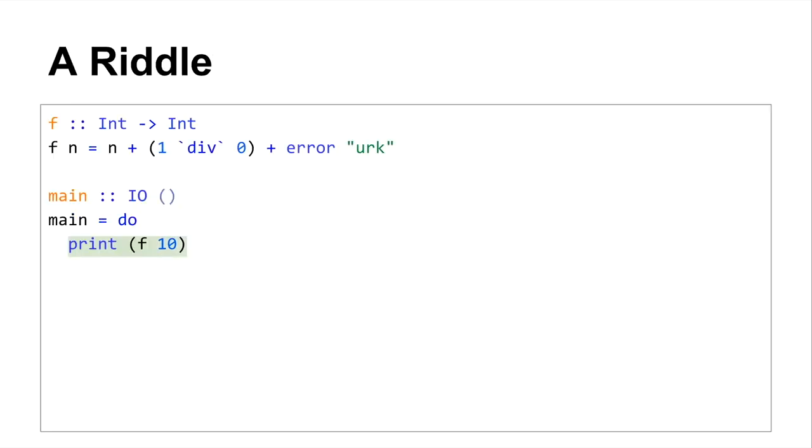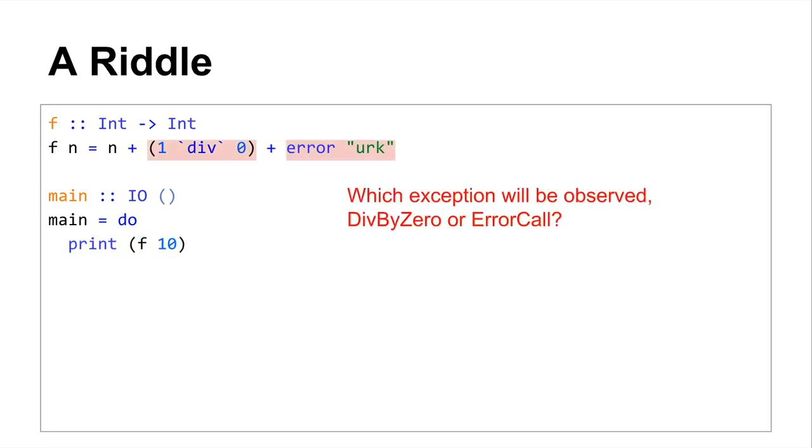Okay, so brain teaser, for those of you that may or may not have been paying attention. Given the function f in my little program here, when I apply f to 10, and I print that out, this function is fully applied. Which exception will be observed? Any guesses?